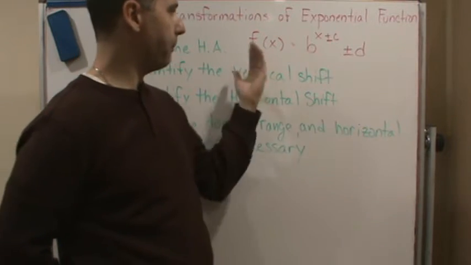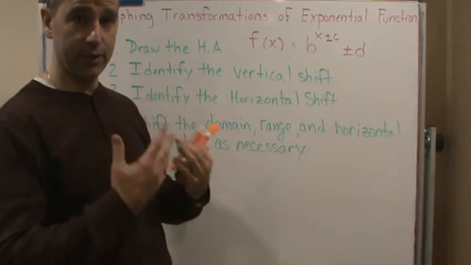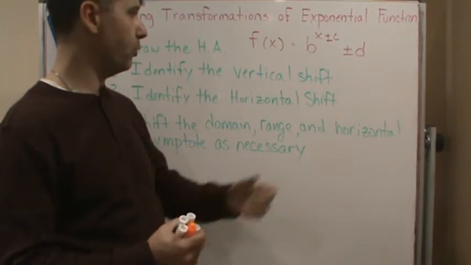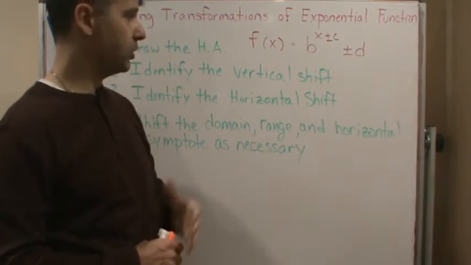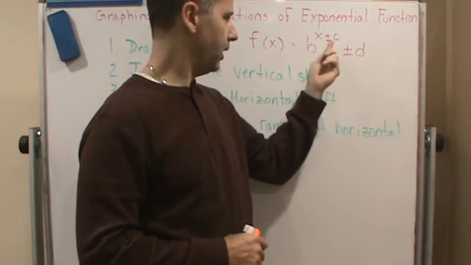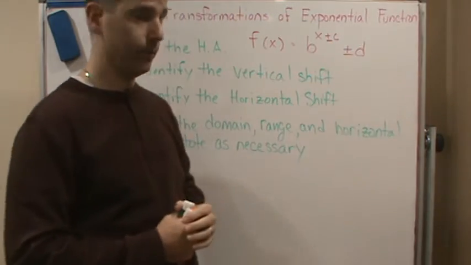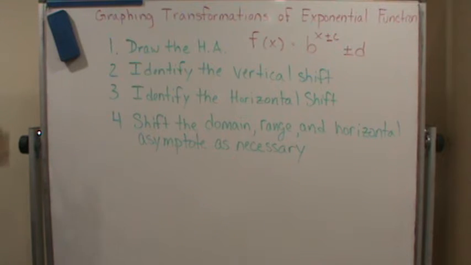So if I had a parent function that looked like this, and we wanted to graph this using transformations, using what we know about the basic function, the toolbox function I call it, which is just b to the x, and assume in this case that these constants are both positive. The four-step process: the first thing you want to do is draw the horizontal asymptote.